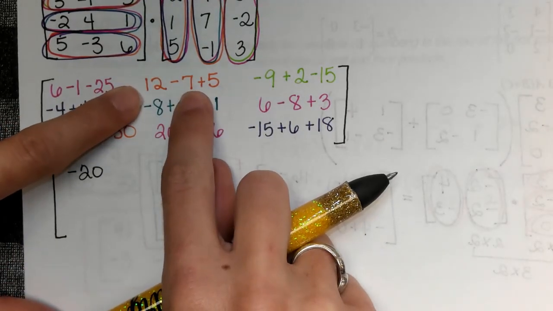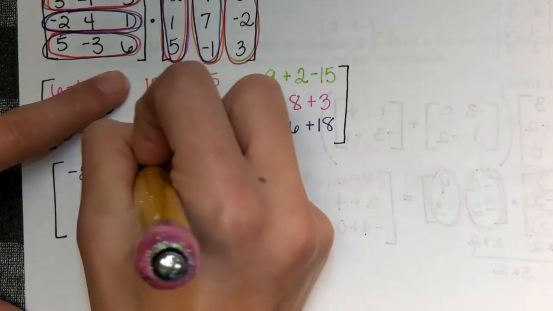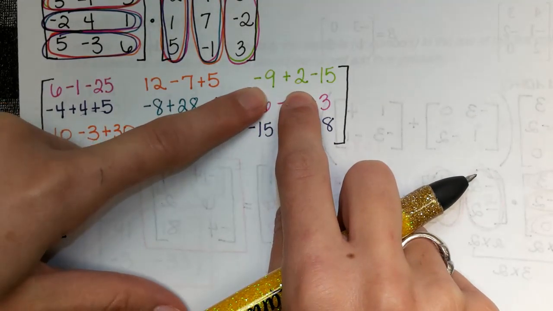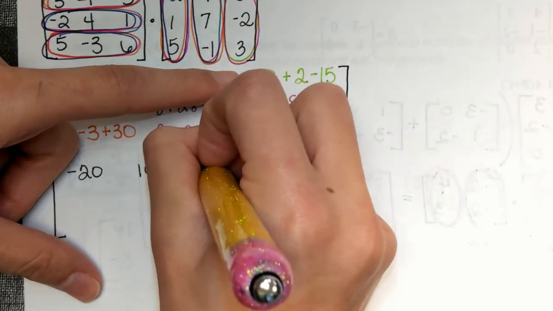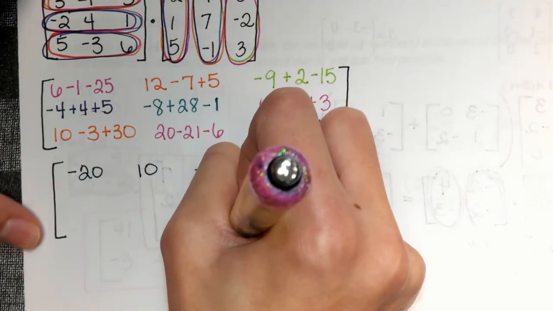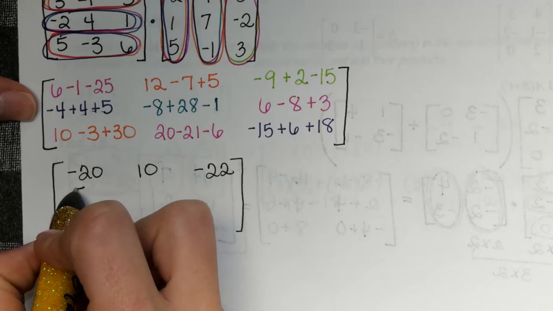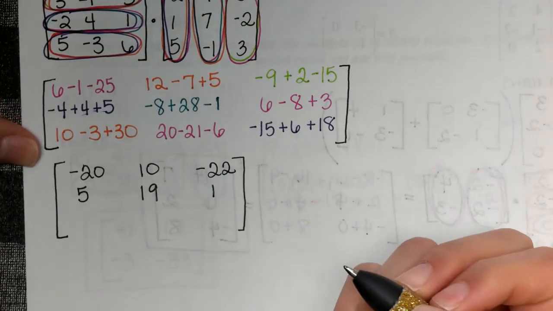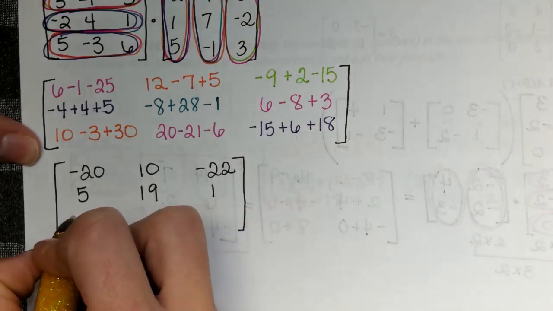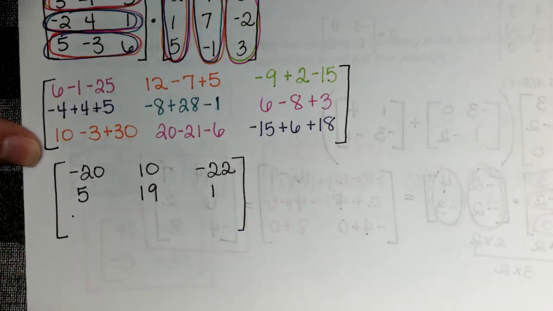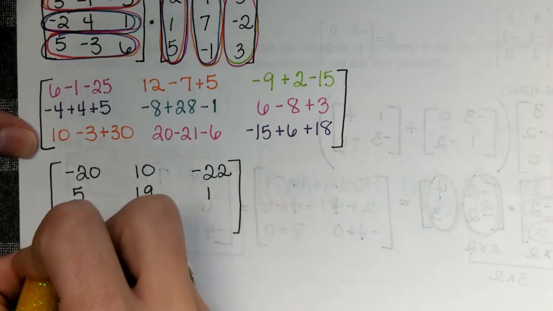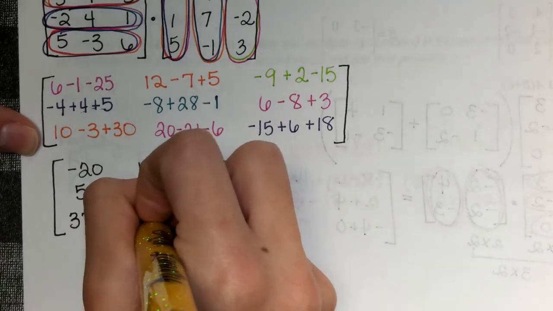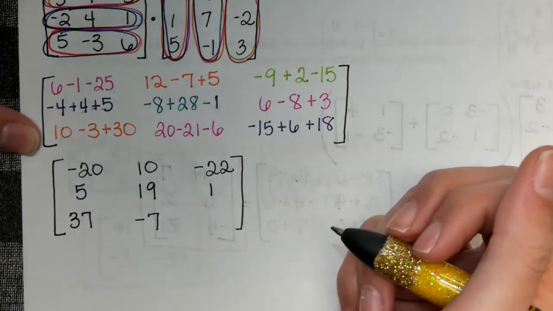All right, 12 minus 7 plus 5. 37 is what y'all said? Negative 7. And then?